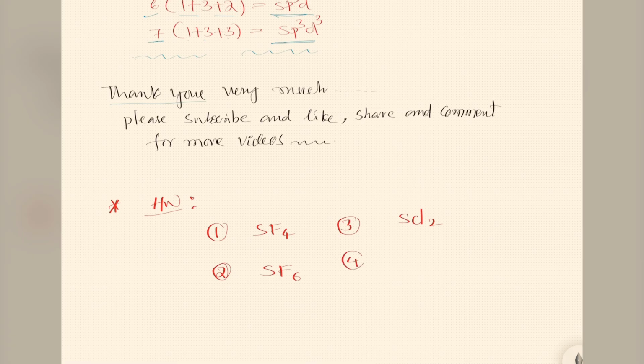What is the hybridization of SO2? And last but not least, what is the hybridization of CO2, of carbon and of sulfur? So this is your homework, and comment the hybridization of these molecules on our page.